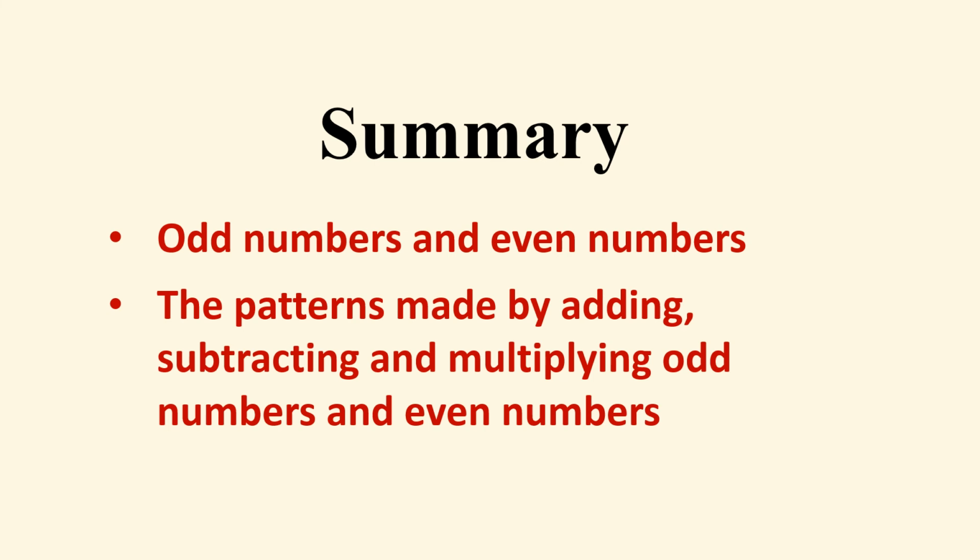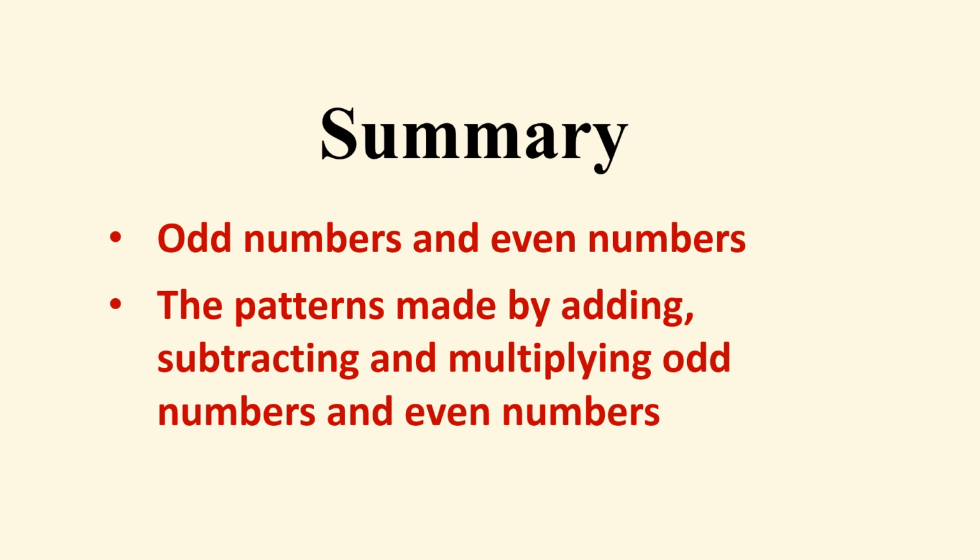Likewise, when you subtract one even number from another even number, the result is an even number. Or when you subtract one odd number from another odd number, the result is an even number. But when you are going to subtract an odd number from an even number, or else when you are going to subtract an even number from an odd number, then the result is going to be an odd number.